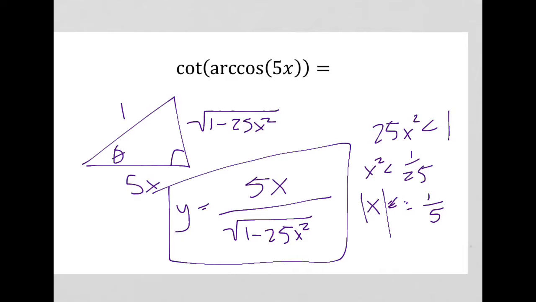And if we're putting those absolute value bars, we can take away the plus or minus. Absolute value of x has to be less than 1/5, which is just a fancy way of saying x is less than 1/5 and greater than negative 1/5 right there. But again, not equal to. So graph it and you should find some crazy looking graph.